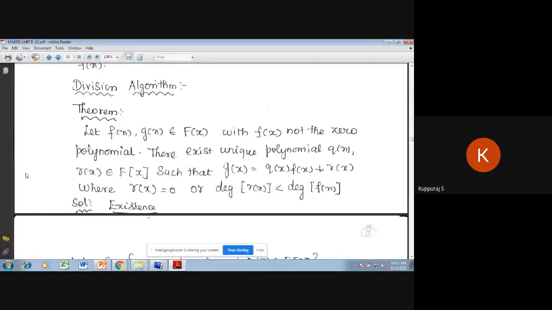Actually, when g of x is divided by f of x, the quotient polynomial is q of x and the remainder polynomial is r of x.